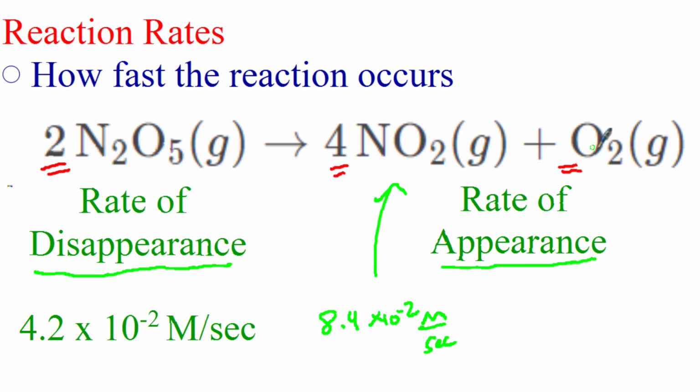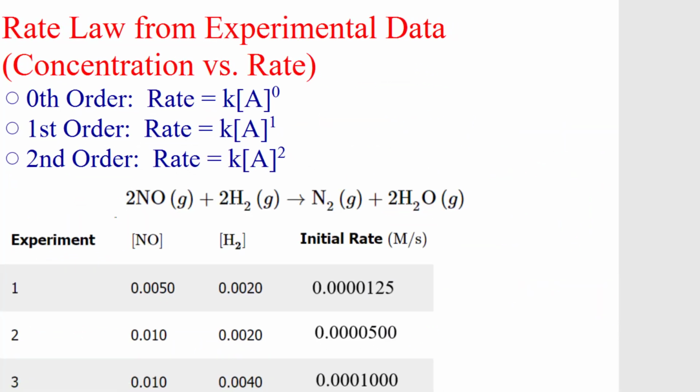For every 2, we're only going to make 1, which means for every 4.2, you got it, 2.1 times 10 to the negative second molar per second. That is the rate of appearance of the oxygen gas. So the rates of disappearance and the rates of appearance go by a molar ratio, because this is moles per liter per second. It is how fast the reaction is occurring.